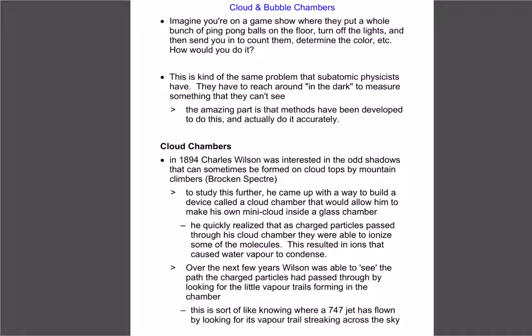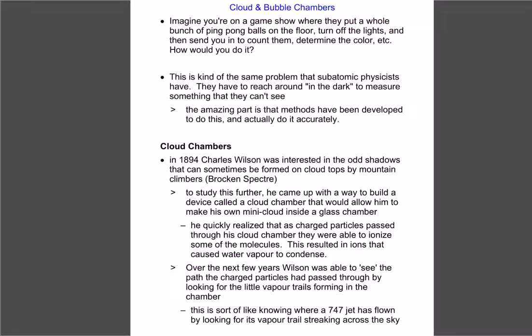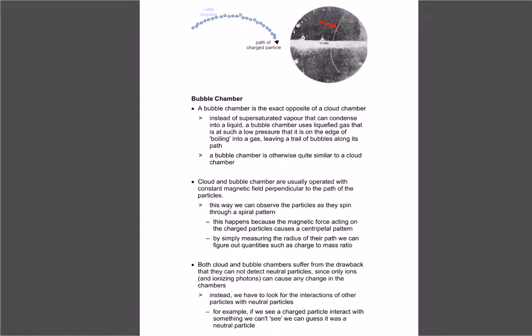He would make a mini cloud in a glass chamber, and he realized that if there were charged particles in there, they would ionize some of the water vapor, and you'd see these little vapor trails behind the particle. It's kind of like when you see an airplane go through the sky, same sort of idea. So physicists copied the same idea. They would make a cloud chamber, move a charged particle through it, and they'd be able to see the trail it left behind.